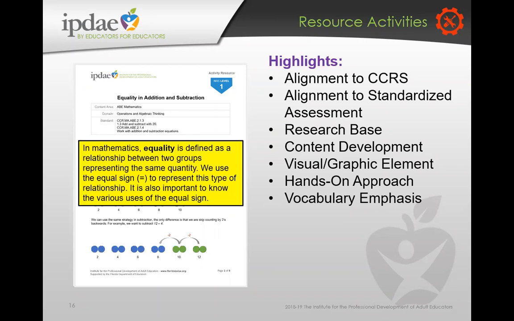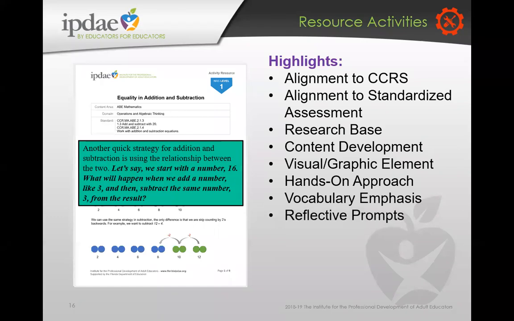In these resource activities, not only are we asking questions to promote thinking about vocabulary in each component of the matrix, but we also make sure it is highlighted and bolded so that the teacher can really zoom in on particular vocabulary words when tackling different contents in mathematics.